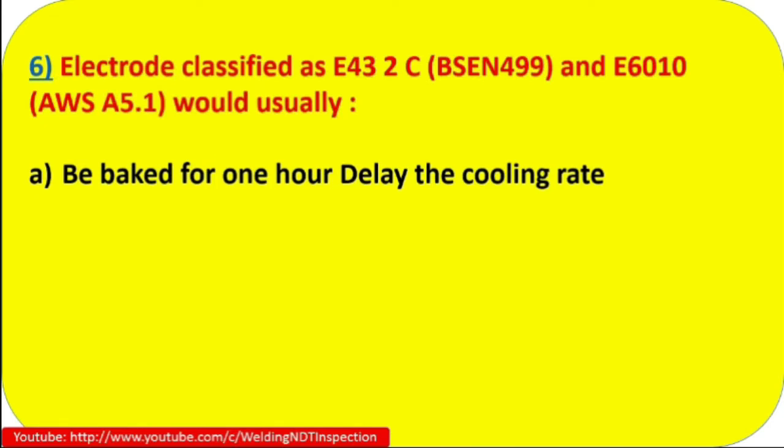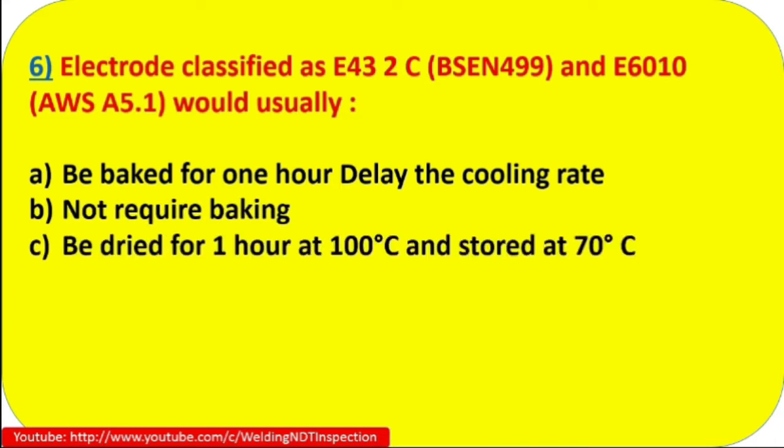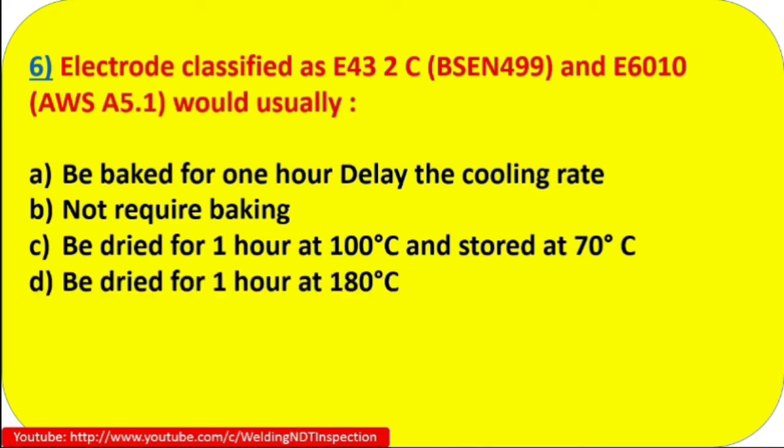Question number 6. Electrode classified as E43-2C and E6010, that is AWS A5.1 and BS EN 499, would usually be: A, baked for 1 hour, delay the cooling rate; B, not required baking; C, dried for 1 hour at 100 degrees centigrade and stored at 70 degrees centigrade; and the last one, D, dried for 1 hour at 100 degrees centigrade.